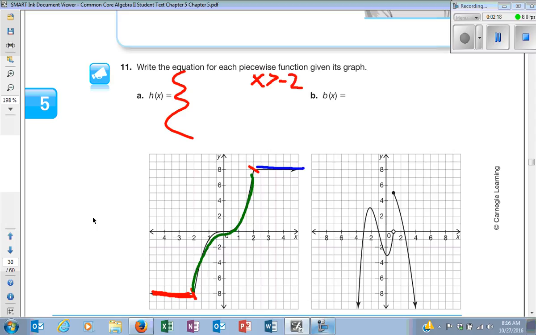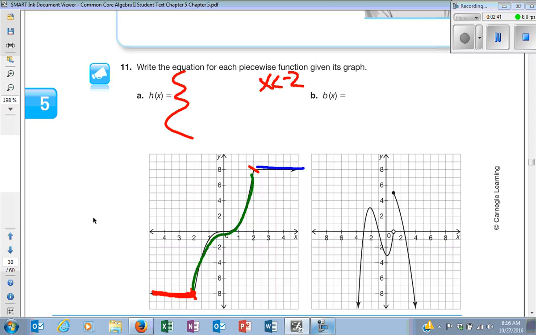Now I have a choice here. Do you see how the green and the red intersect, how they touch right at that point? X is less than -2. Do you see this -2 right here that I'm referring to?